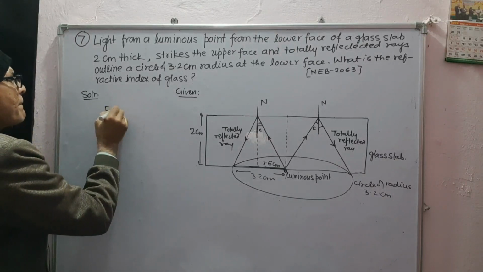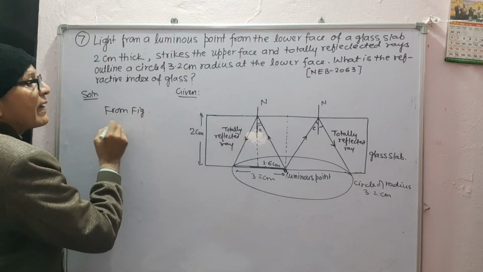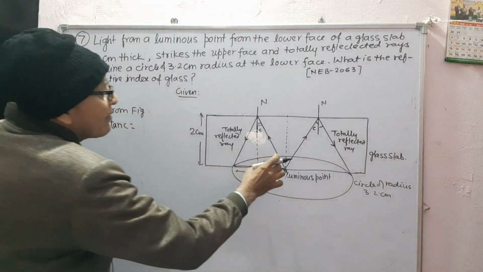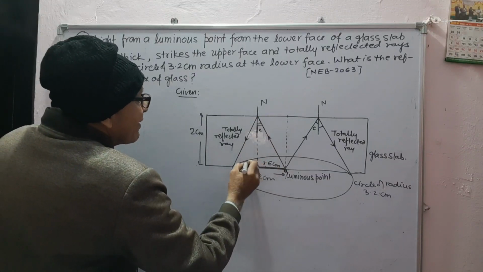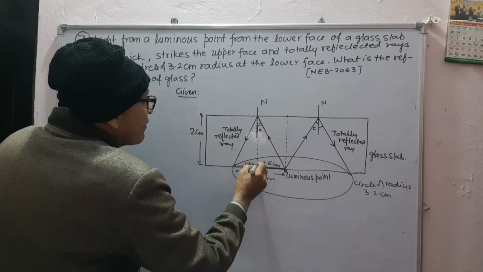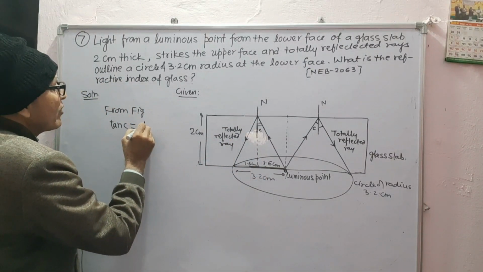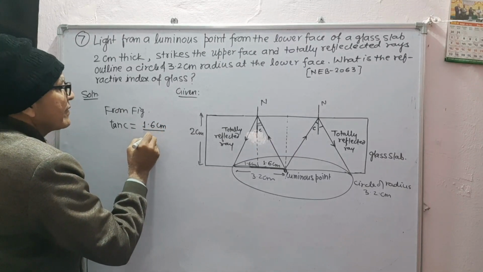Now, from the figure, tan C will be equal to perpendicular upon base. The perpendicular is 1.6 cm and base is 2 cm.